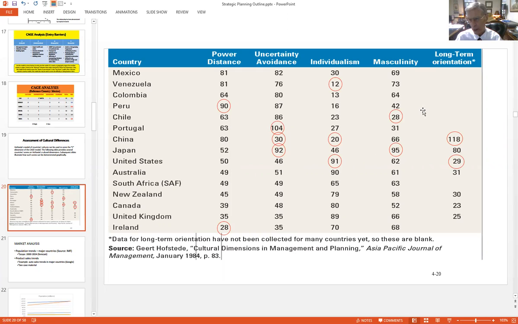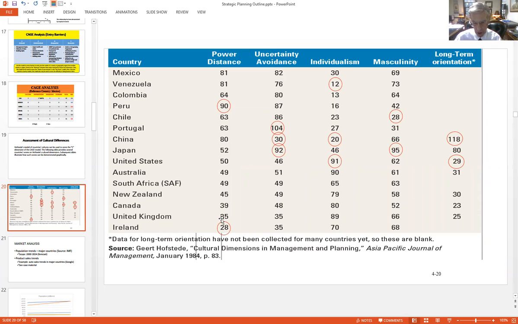And the institute, with Hofstede's direction, I guess he was still there then, developed another dimension called long-term orientation. And since then, there's been another one called indulgence. But the basic 4 are the first 4 on this slide.